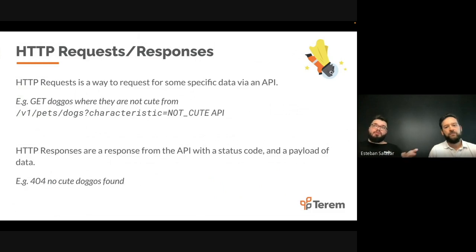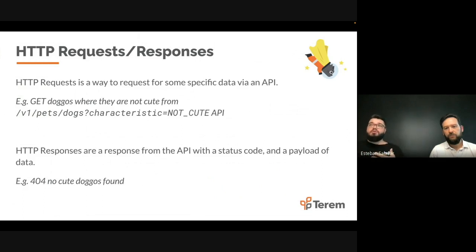For example, get doggos where they are not cute from v1, the version of the API, then the API itself, pets, and then the resource, dogs. Then we have a question mark, which is passing through some parameters or characteristics around what we're trying to get from that API, such as not cute as a value.